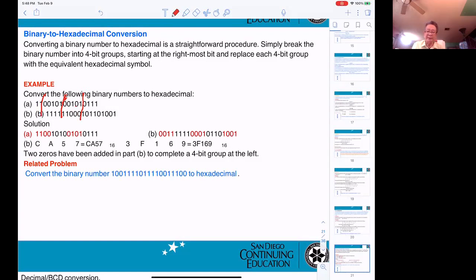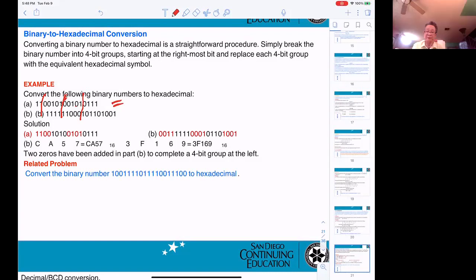Okay, now converting each one. You mean you're going from right to left? From the right to the left. Okay, 0, 1, 1, 1 is 7.